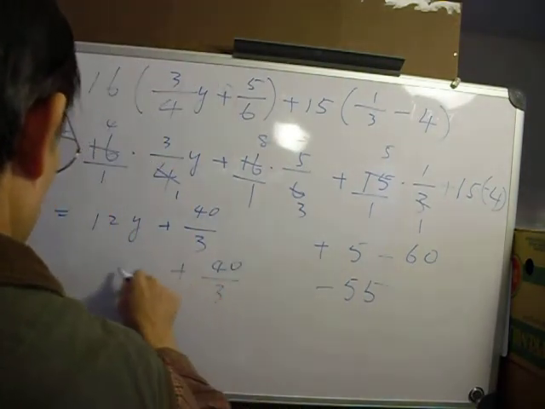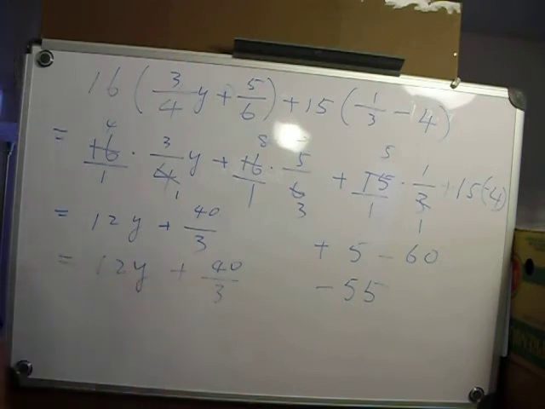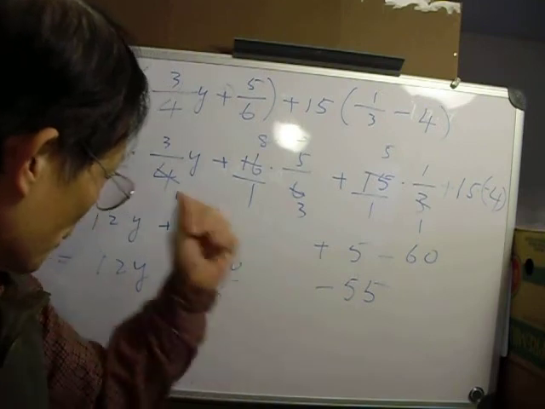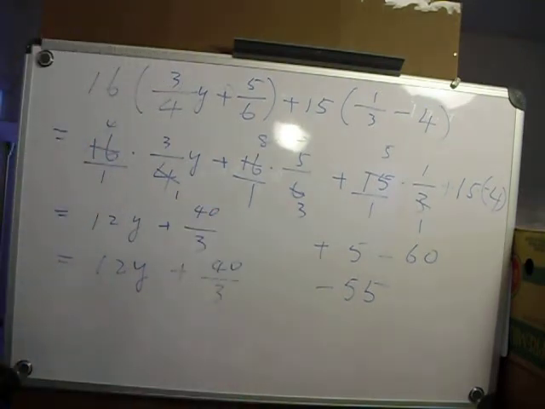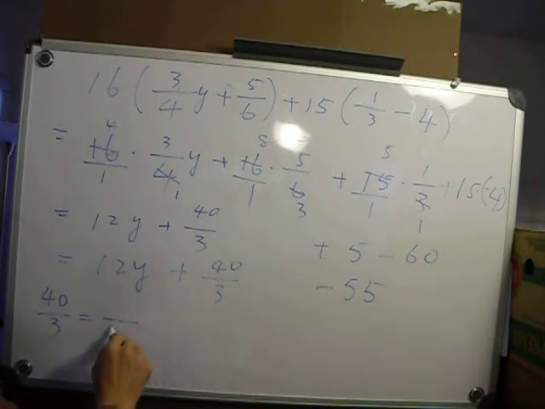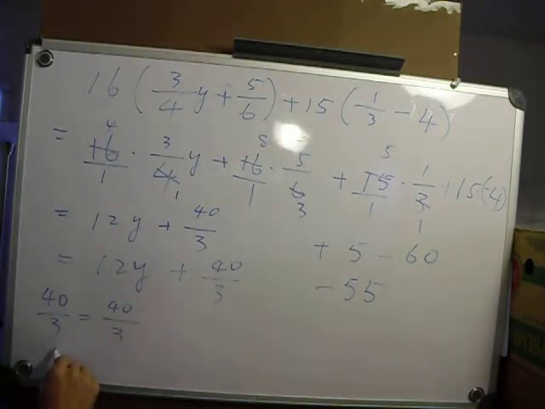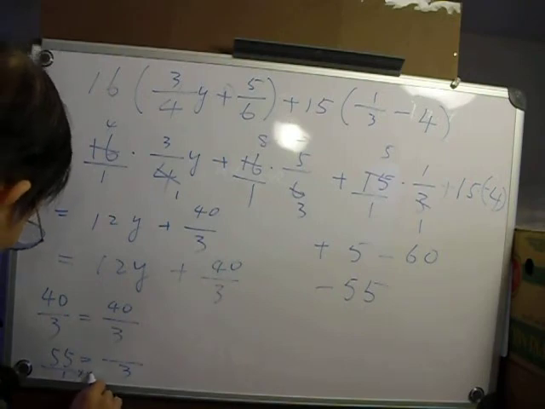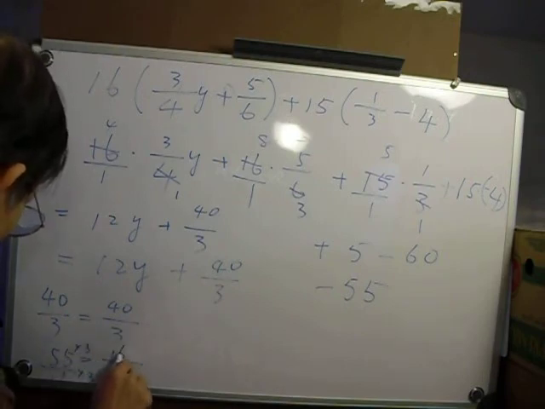Copy the first part. Then you see here you have a constant term. These two constants have to be put together. How do we handle that? You add these two numbers. So you have an LCD of 3. This one doesn't change. 55, if you put a 3 here as the common denominator 3, it's times 3, so it should be 165.